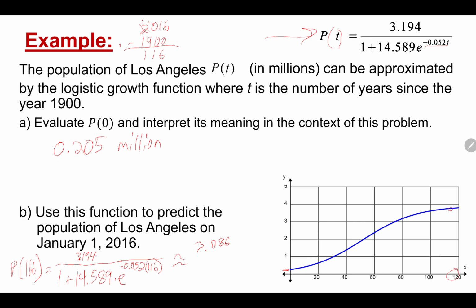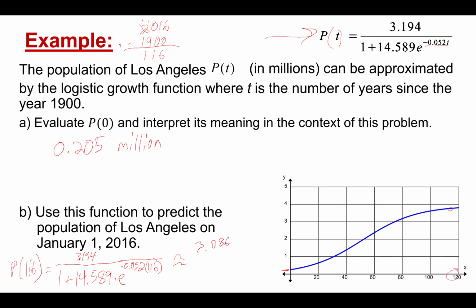So I'm just going to double check that I have this right in my calculator. Luckily I can go back and look at it. Okay, so let's see. Negative 0.052 times 116, that's right. Times the, nope, I'm good. All right.